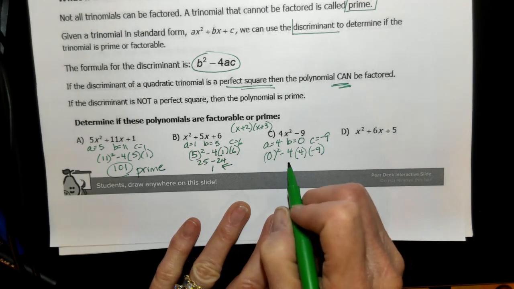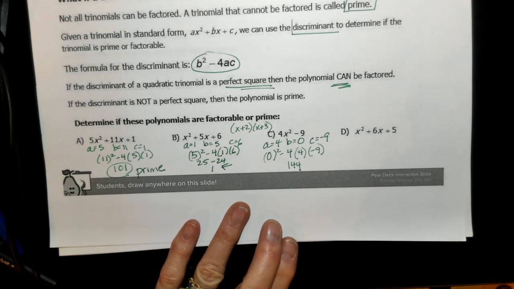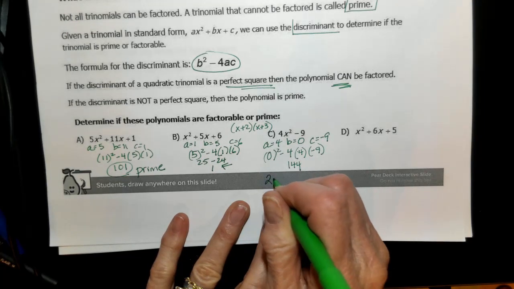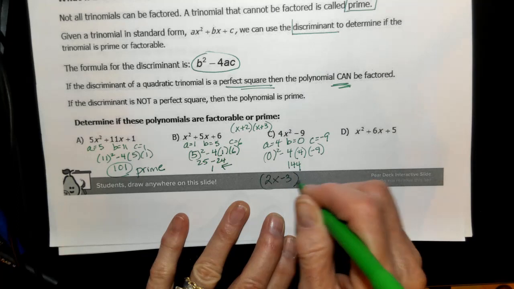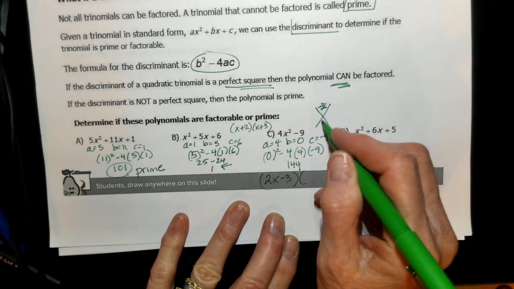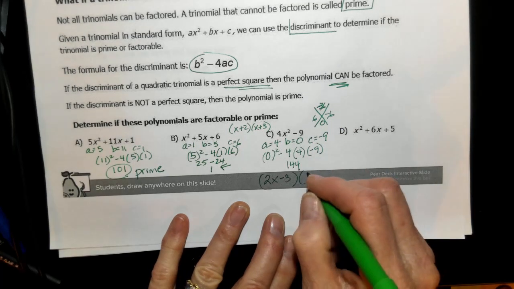And when you multiply those, you get 144, which is a perfect square. You can factor that. And let me just show you, when you factor it, what it winds up being. So the factors of negative 36 that come out to be 0 are 6 and negative 6.